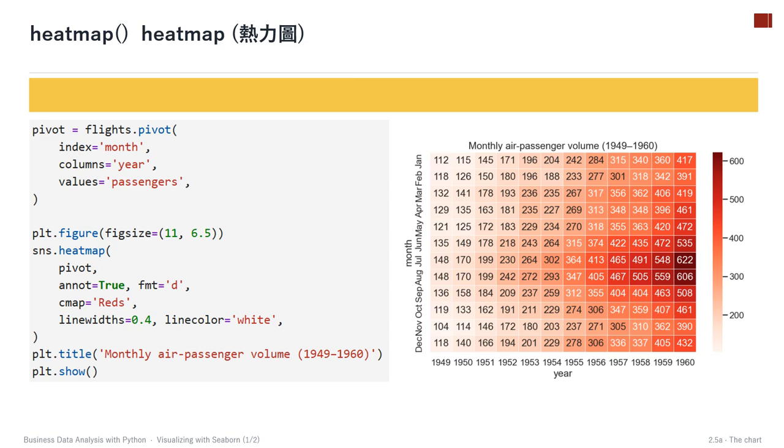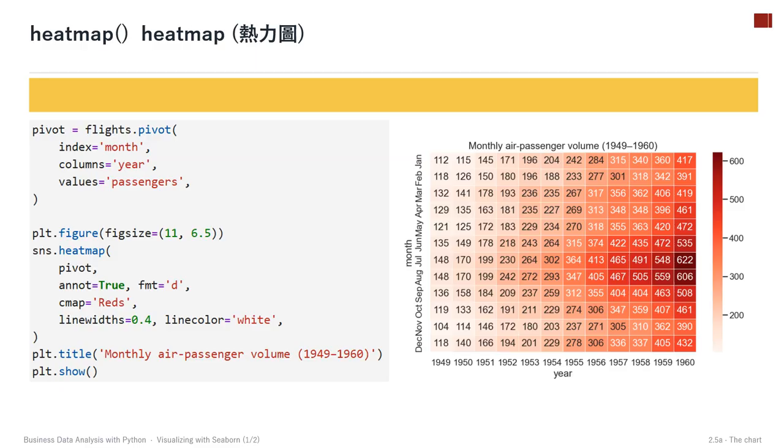The first thing is we need to set up our figure size, 11 and 6.5, because we have so many things we need to put in. So I changed it to 11 and 6.5. And I can also change annot and fmt.